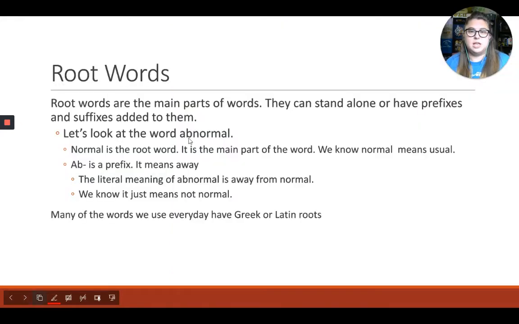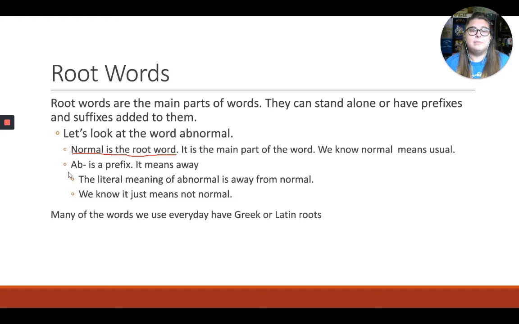So for example, let's look at this word abnormal. Well, I know that I would probably hear this word at maybe a doctor's office. I wouldn't want to hear it because for us, it feels kind of like a negative word. If we break it down, normal is the root word. It is the main part of the word that you can build off of that has meaning. And we know that normal just means usual. It's the usual thing that I do.